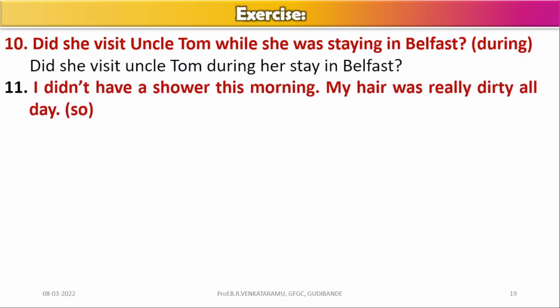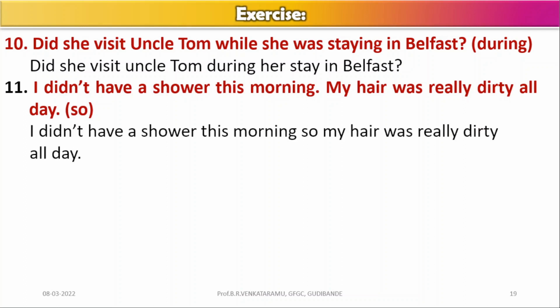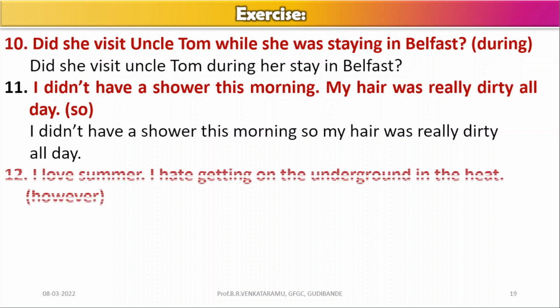11th sentence. I did not have a shower this morning. My hair was really dirty all day. In the bracket it is given so. It can be rewritten as I did not have a shower this morning, so my hair was really dirty all day. 12th sentence. I love summer. I hate getting on the underground in the heat.